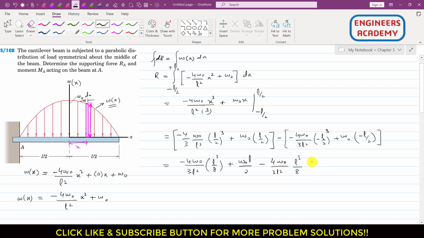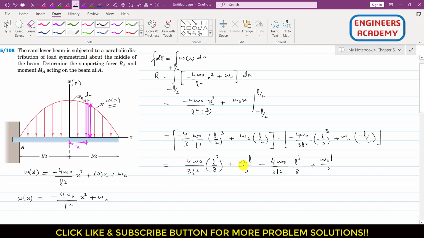And this becomes minus omega naught L divided by 2, and that minus multiplied by this minus will become positive, so this is omega naught L divided by 2. So as we can see that both of these terms are similar terms, they will add up.